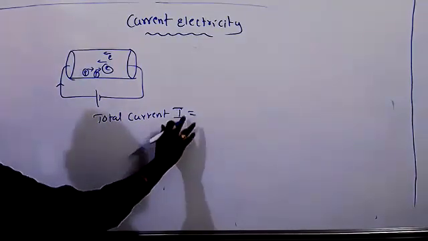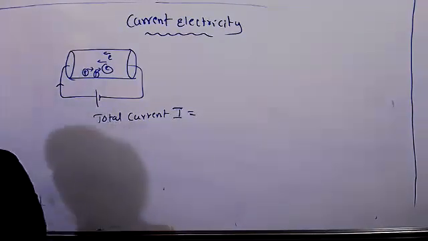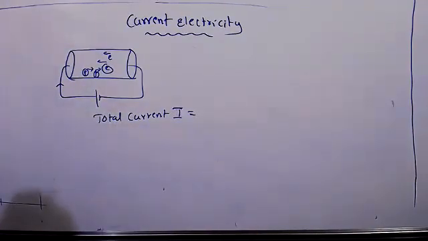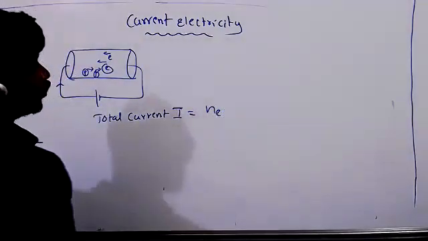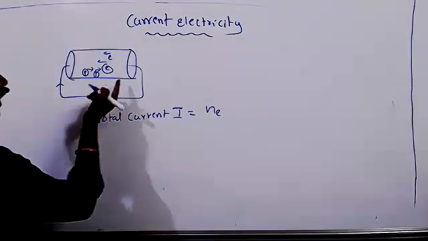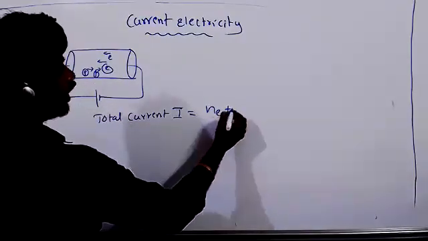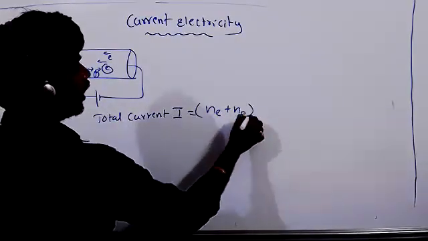Not I equal to n e A Vd. Total current, right? Electrons are moving and protons also are moving. So it is Ne plus Np into e by t.